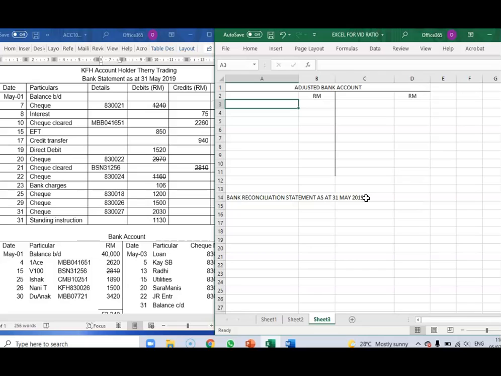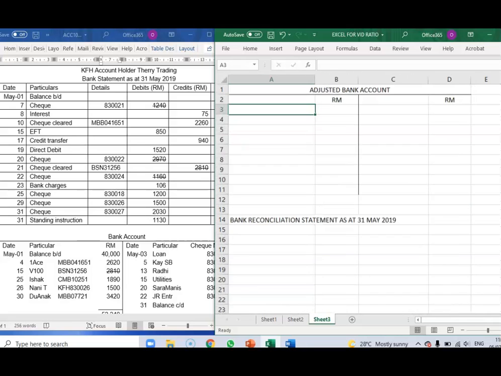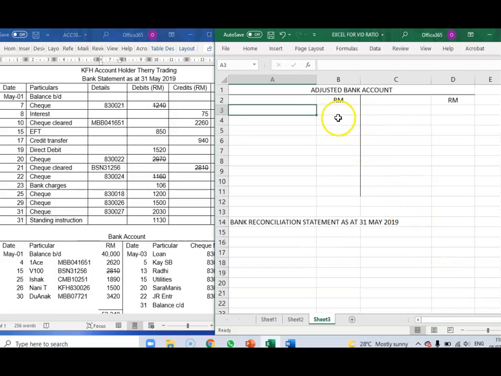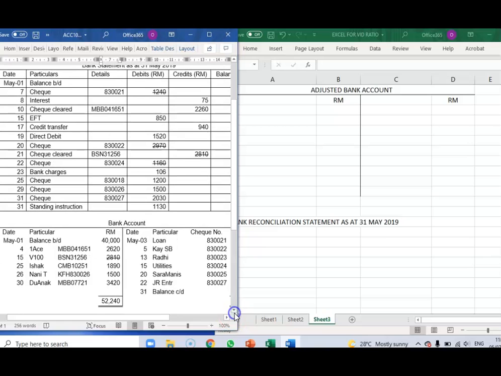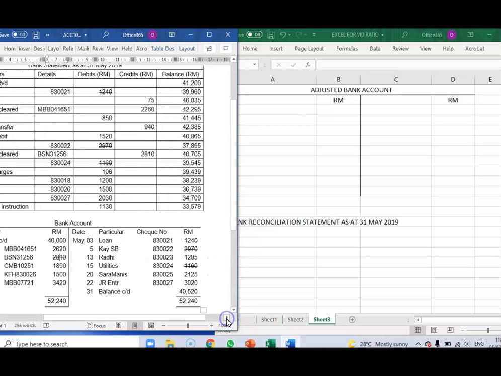First of all, we look at the adjusted bank account. For doing the adjusted bank account, first of all, look at the bank account. The balance of the bank account, the ending balance, is 40,520.